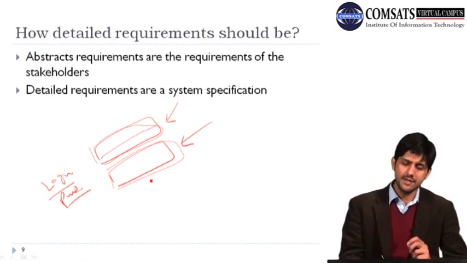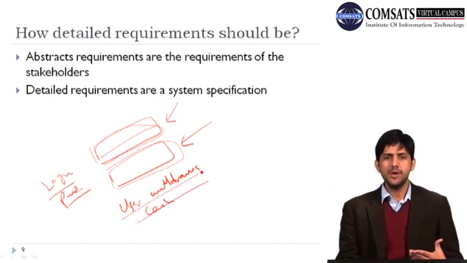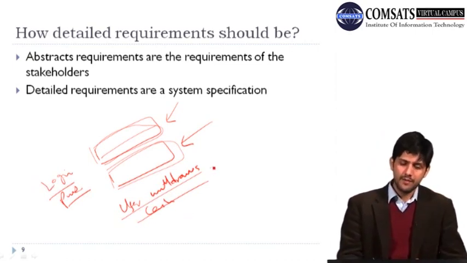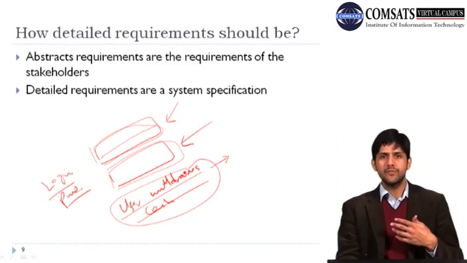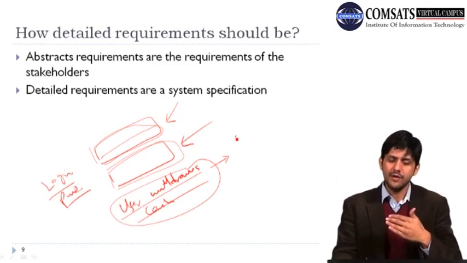For example, we said that one of the scenarios is that a user withdraws cash. That's it. That is a very abstract requirement, and it is a requirement given by the stakeholder. Now, I cannot just specify that and be done with it, because if you remember, we analyzed it and identified lots of different things.